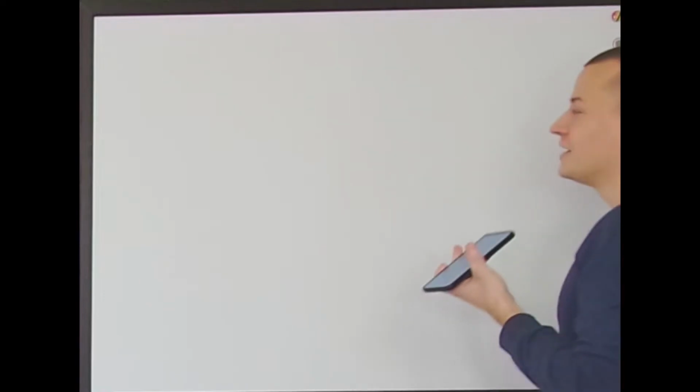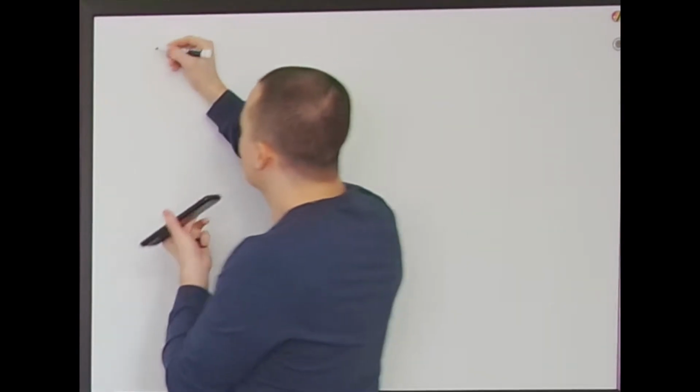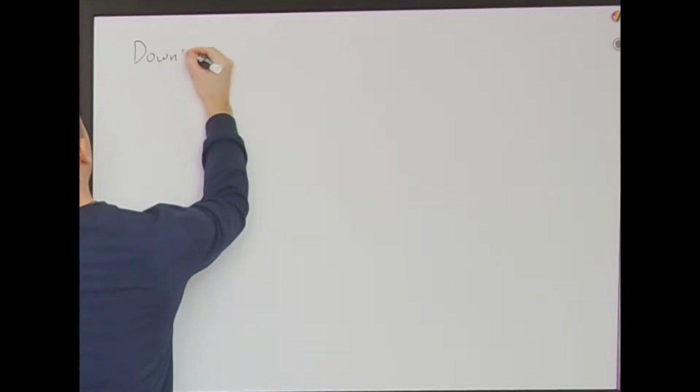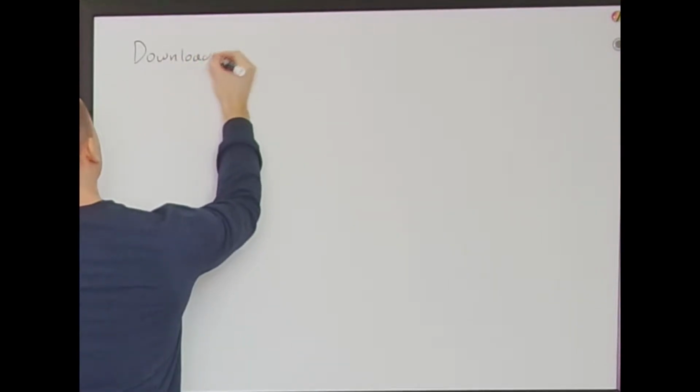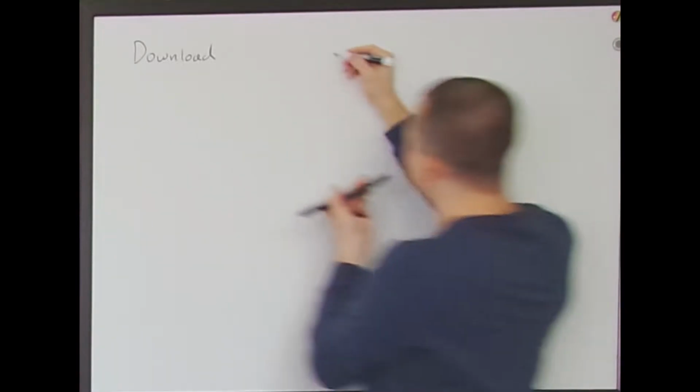So, okay, the first thing, there's 3 stages. The first stage is a download stage. I'll just write it out across the top and then I'll go through it. So, download. And then we've got a transformation stage.